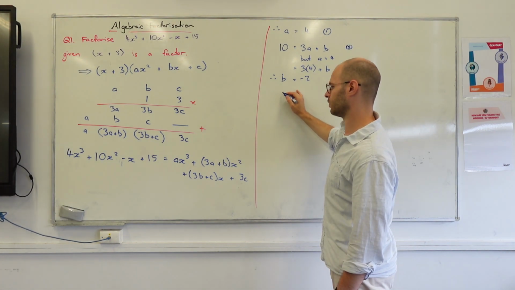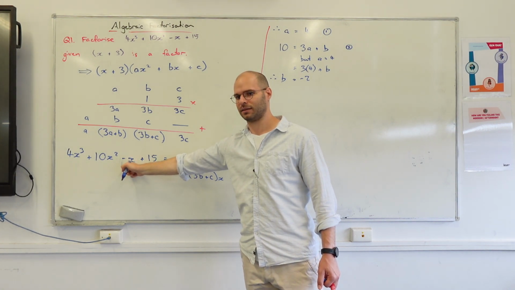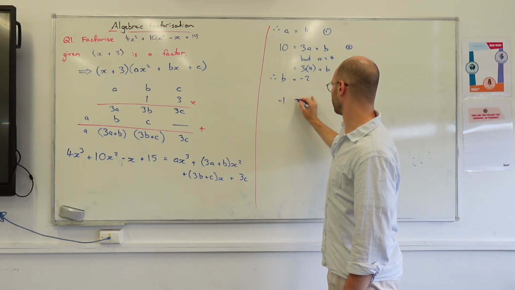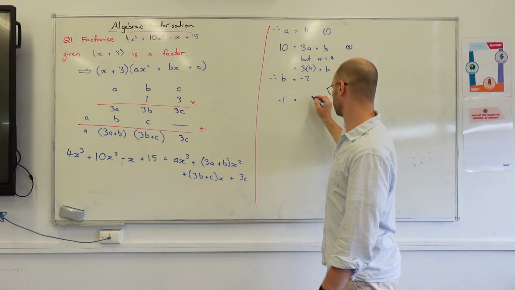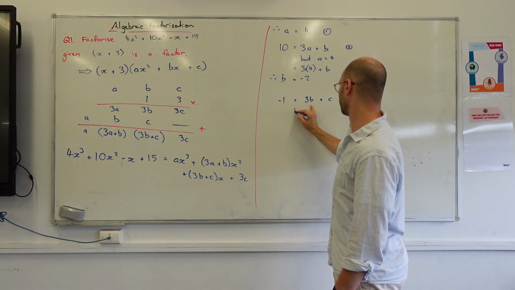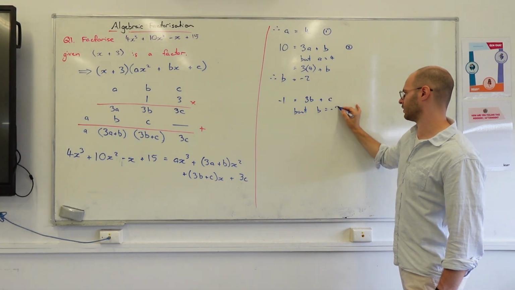Third clue. What do we know about the linear term here? Just minus 1 equals 3b plus c. But b was found to be minus 2.